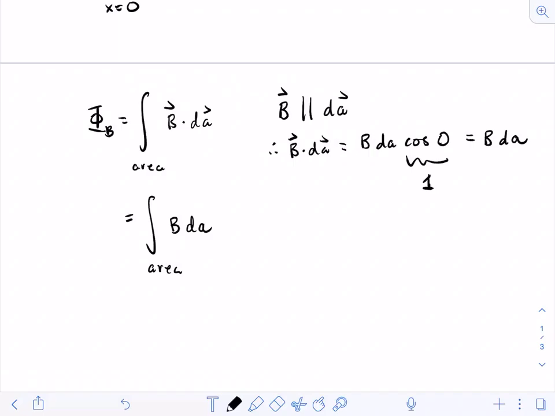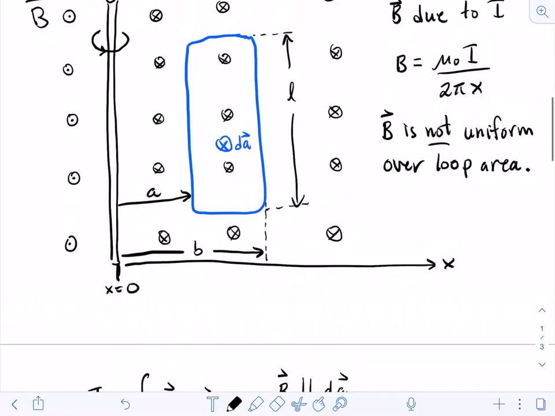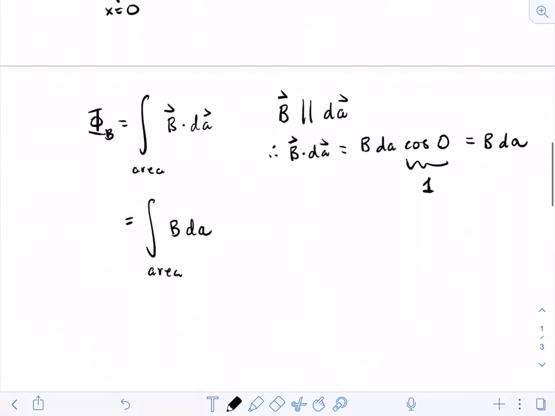And then we would take that electric field outside. We can't do that in this example. We can't take the magnetic field outside of our integral because, as we've already indicated, B is not uniform. That means that the magnitude of that magnetic field is not a constant.